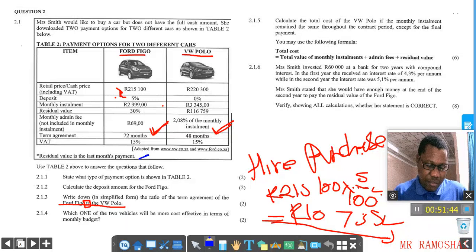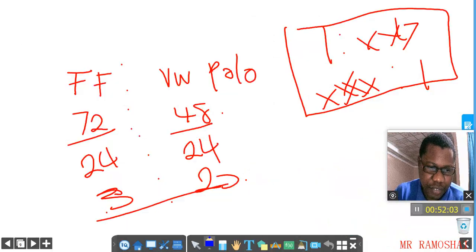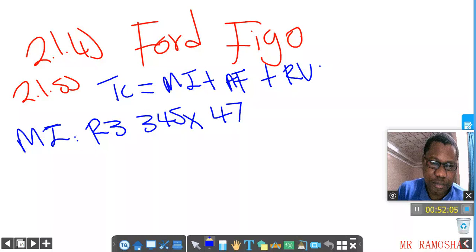So if you started on the first month, which is 1, on the 48th month, you're no longer going to pay the monthly payment, you are now going to pay the residual value. Therefore your car, you will settle it for 47 months, then on the 48th month you pay the residual value. Right, hope I made sense.